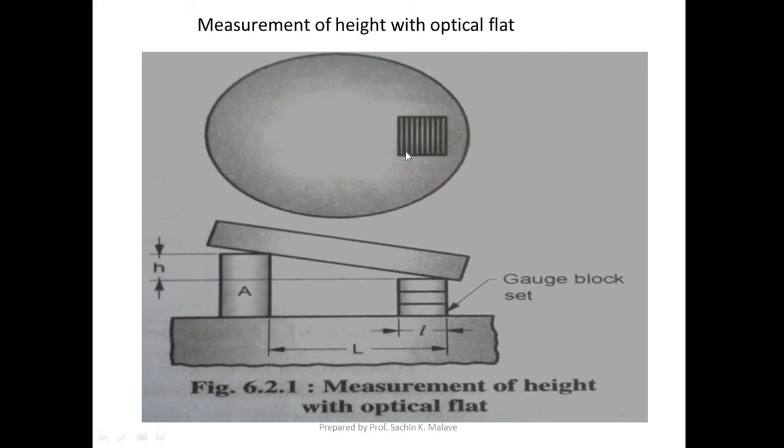So each dark band seen over the optical flat represents a distance change of half the wavelength between the optical flat and the workpiece, that we have just seen.